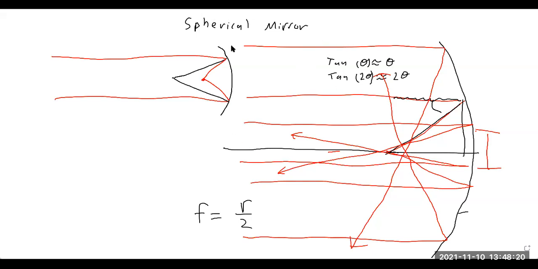So this is a little bit of a lie, but we use it anyway. So what if things are not coming in parallel? What if our object is not infinitely far away?